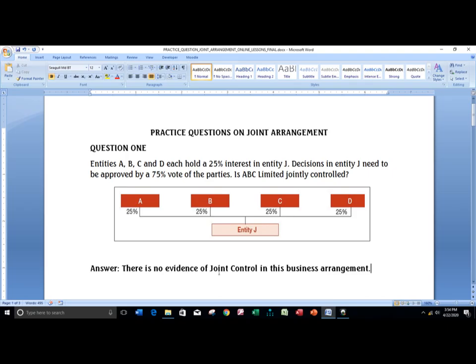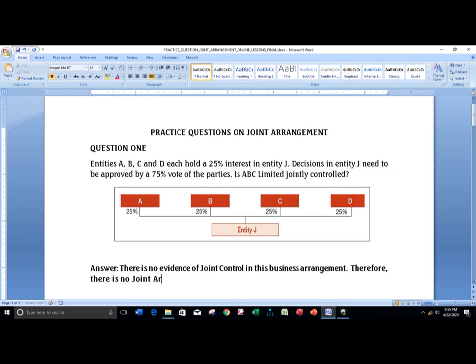And of course, if there is no evidence of joint control in this business arrangement, therefore there is no joint arrangement.